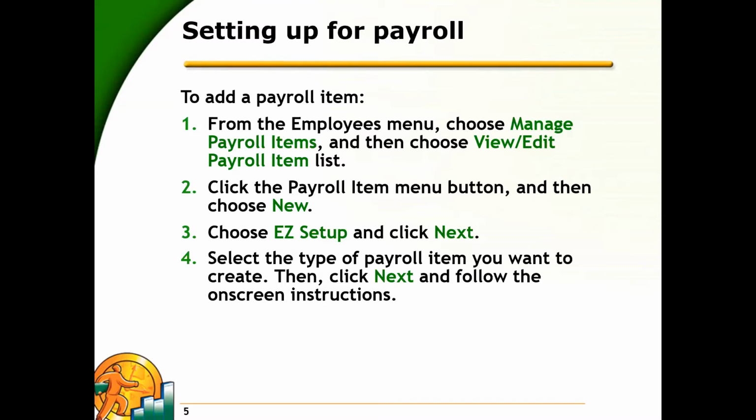From the employee menu, you choose manage payroll items and then view edit payroll items list. Click on the new payroll item menu button and then choose new. This will launch the easy setup. Click next, select the type of payroll item that you want to create, click next and follow the on-screen instructions.